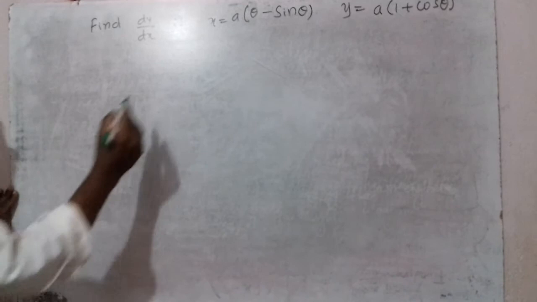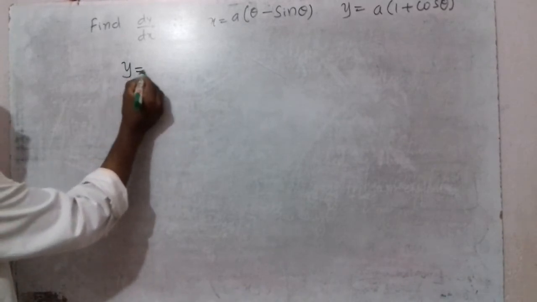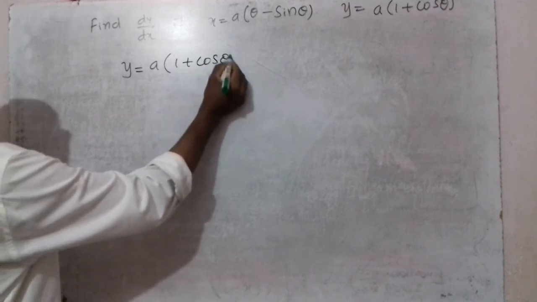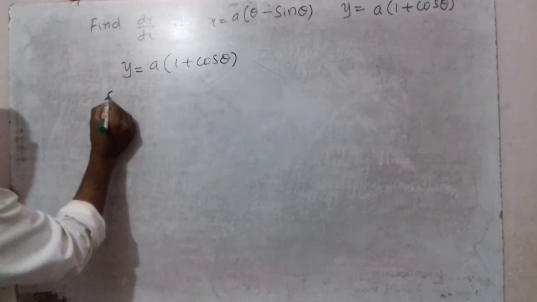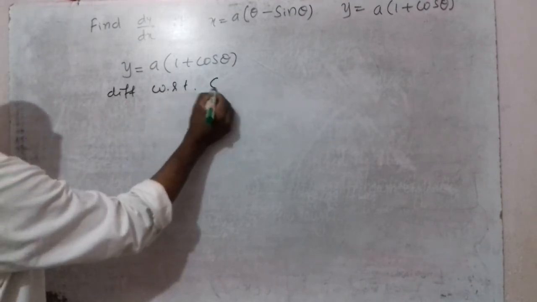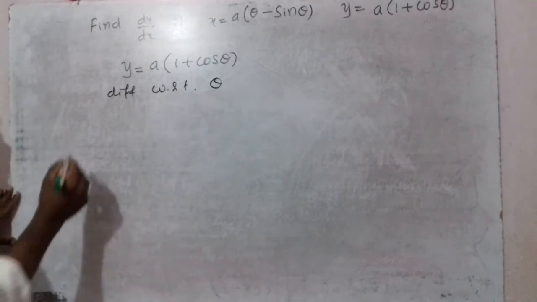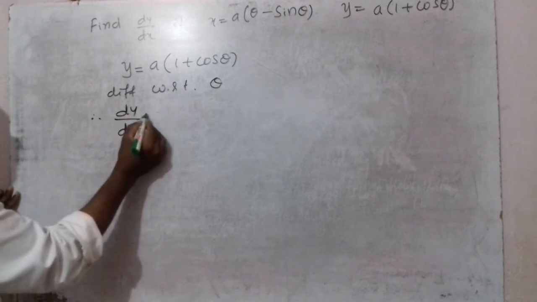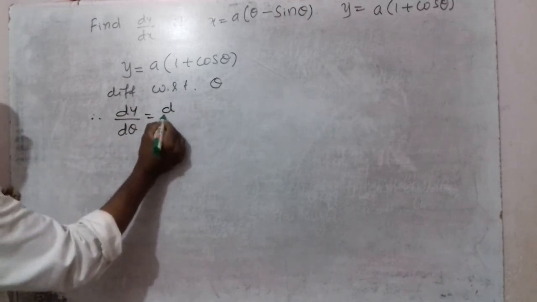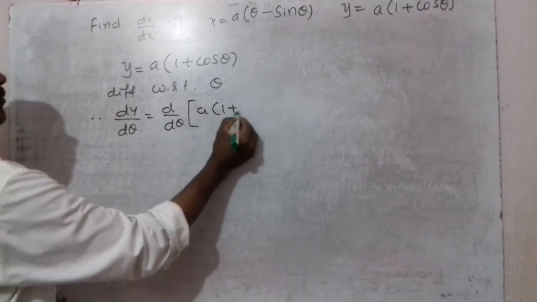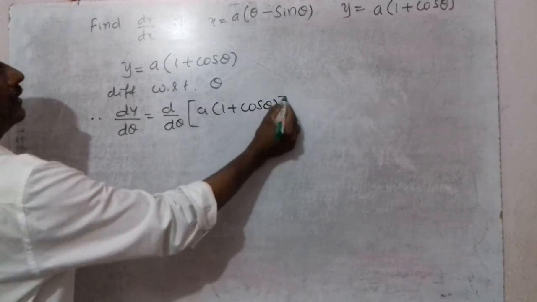Now consider y equals a into bracket 1 plus cos theta. Differentiating with respect to theta, dy by d theta equals d by d theta of a into 1 plus cos theta.